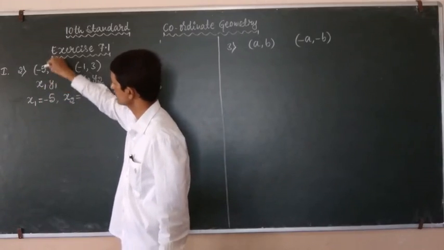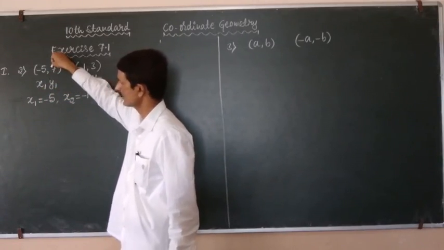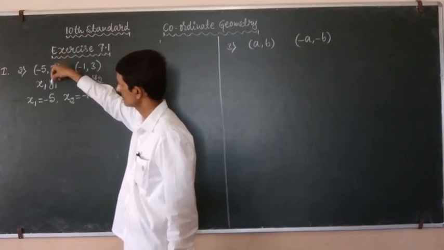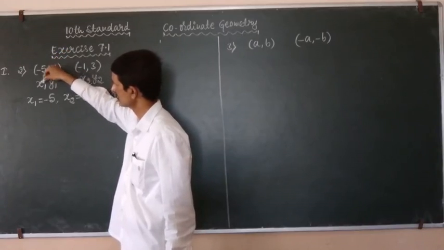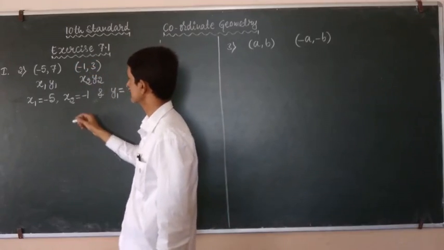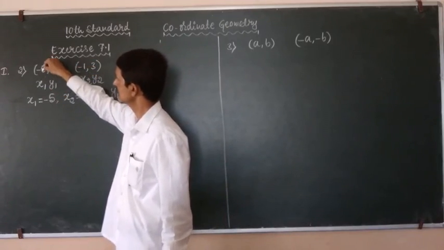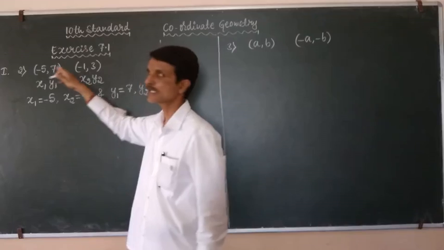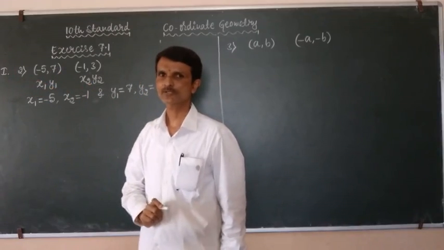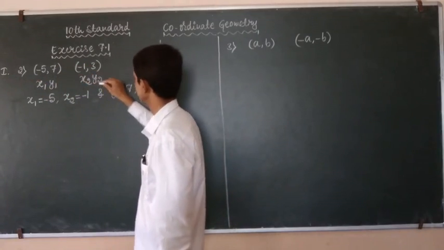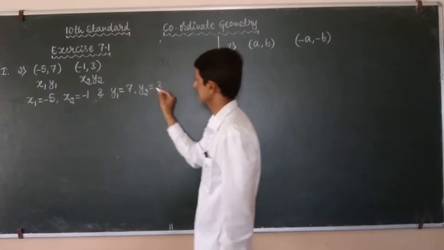So on comparing these with the given points, compare and write x1, x2, y1, y2. So x1 value is -5, x2 value is -1. So with sign. Sign is very important, students, here. So similarly y1 is 7, whereas y2 is 3.